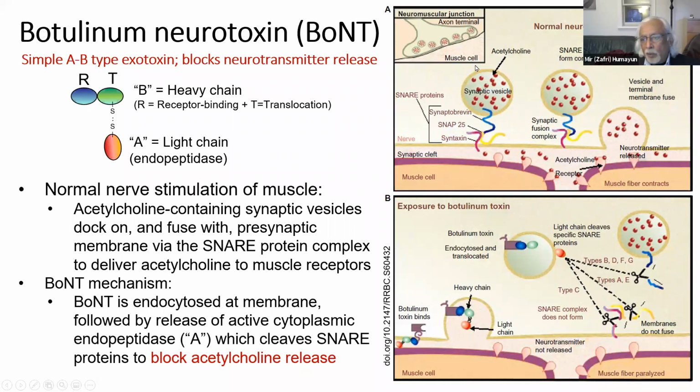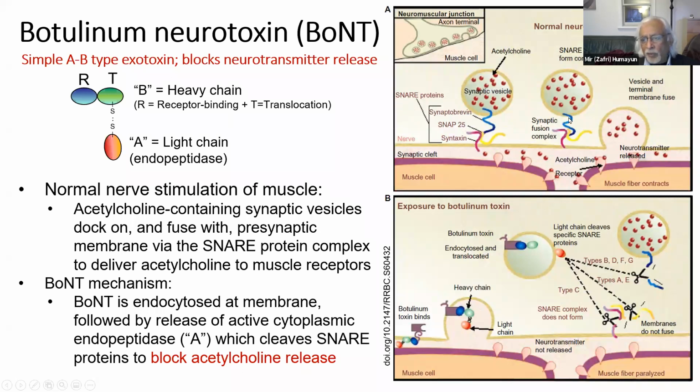What happens? In order for this vesicle to reach the synaptic membrane and fuse, this process is called docking, membrane docking, and vesicle fusion. This requires proteins that are together called SNARE proteins.